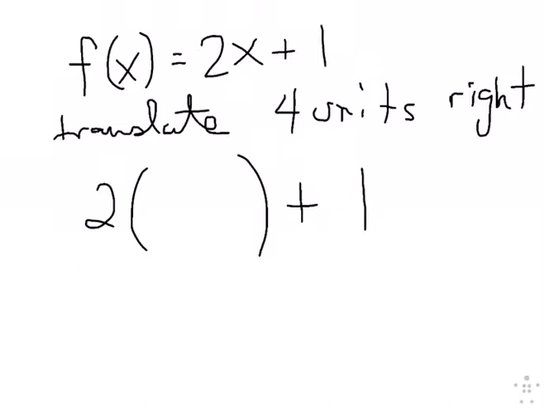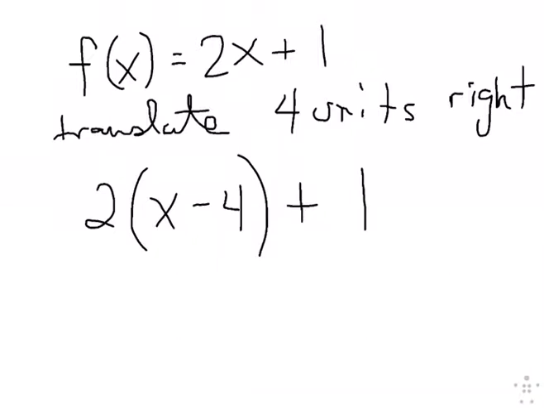So when it's meant to go inside, I replace the x and put a parentheses. Now, what's a translate 4 units right tell you? Is it add or subtract 4? So it's x minus 4. So what I did, because it belonged on the inside, I made a parentheses where the x was, and I put the minus 4 on the inside like you told me to.